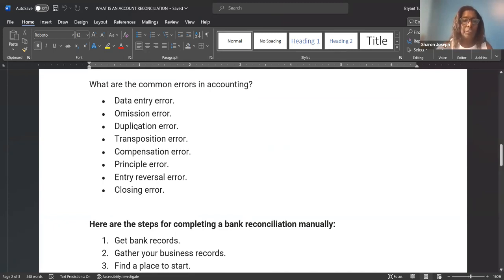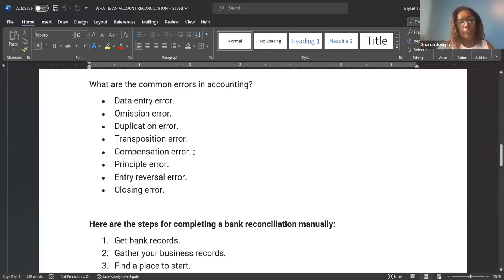You have duplication errors. So that means maybe you posted an invoice twice or you posted a check twice. Something got in the bank account or in the financial statements twice. You have transposition errors. So that usually means that instead of doing something as a debit, you did it as a credit. So the statement or the account is misstated.